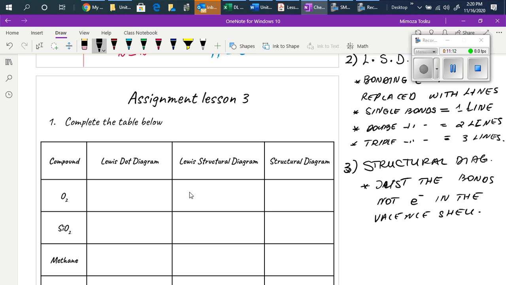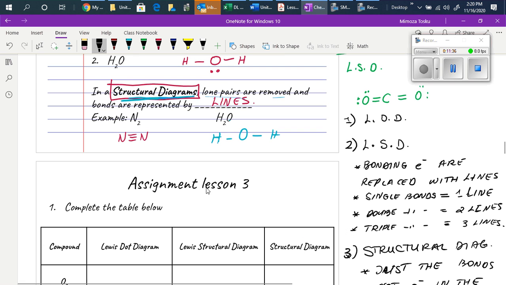Okay, so keep this in mind. Lewis dot diagram, everything is dots, everything is represented. Lewis structural diagram, the bonds are replaced with lines. Single bonds, one line, double bonds, two lines, triple bonds, three lines, and in the structural diagram, we just represent the bonds, not the electrons in the outer shell, not at all.